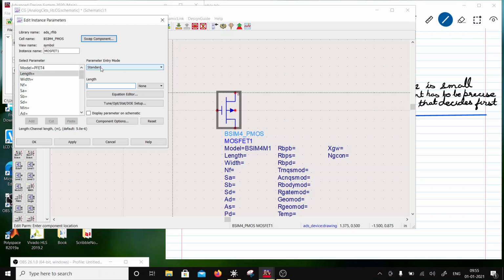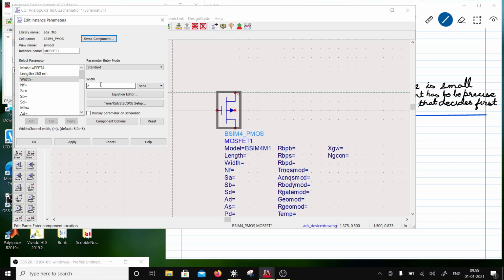The length of the device I'm going to take as twice the minimum length, which is 260 nanometers. 130 is the minimum, and we have discussed this when we were doing a common source, that length is going to decide your output impedance and hence the gain.